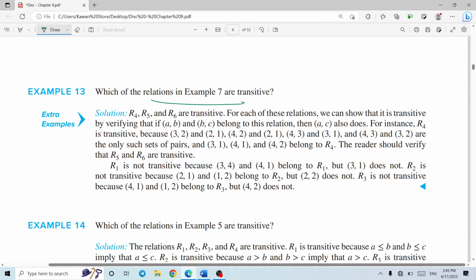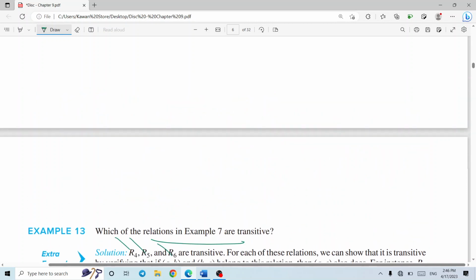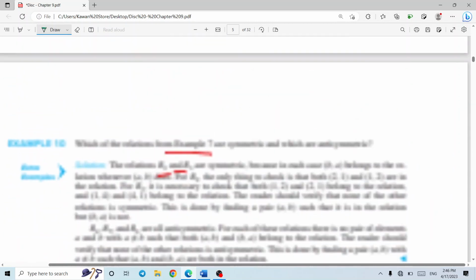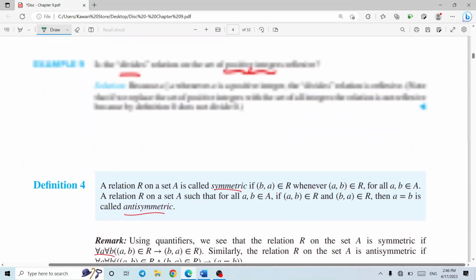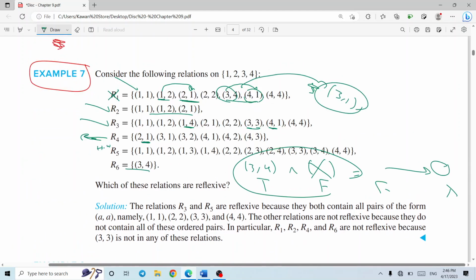Where are we? So 4 and 5 and 6 are transitive. 4. So we made a mistake. Yes, we made a mistake here. Why?